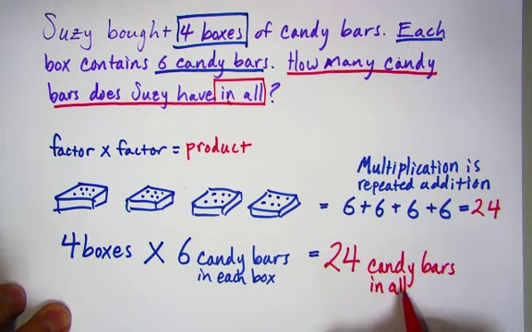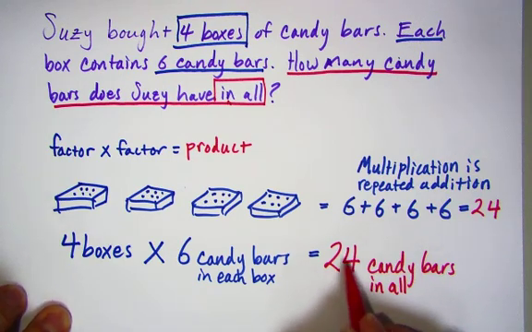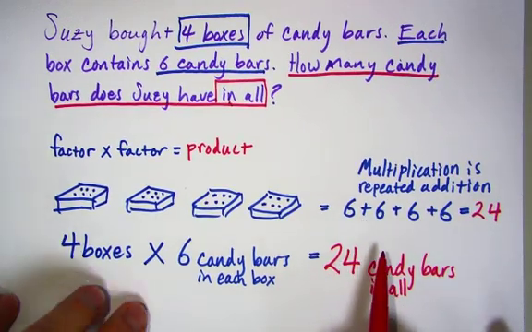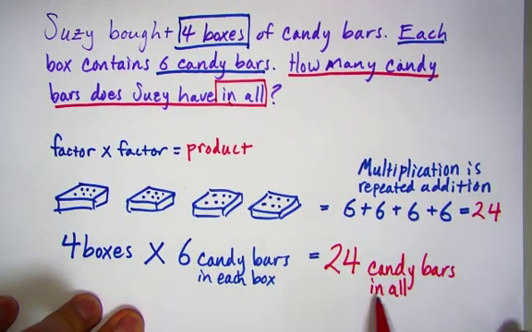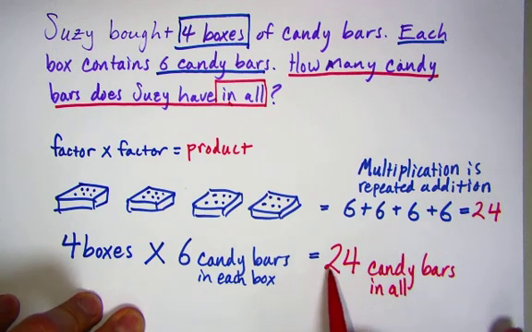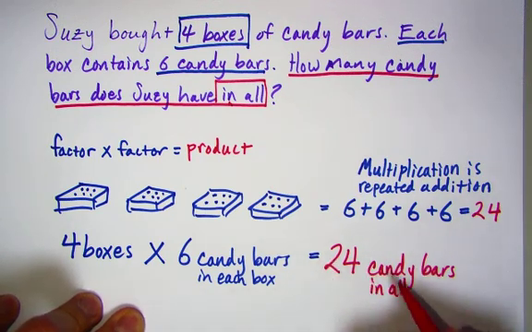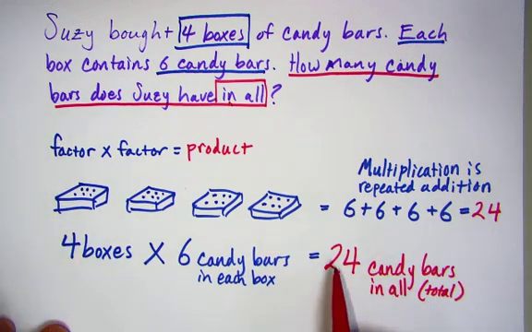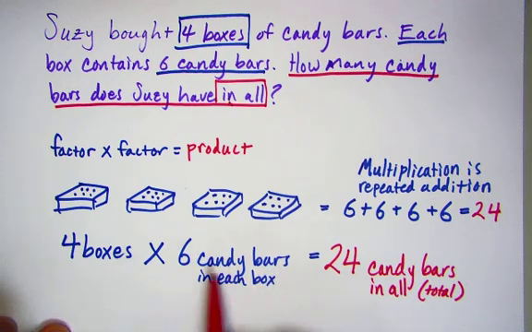It's very important that we put in all with the product. Remember, this is the answer to our multiplication problem. It's a product. The reason why it's important is because this is our total amount. Or we could say candy bars total if you want. Let's actually do that. Total. So a product is our total amount in a multiplication sentence or multiplication problem.